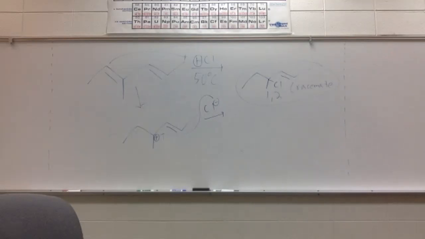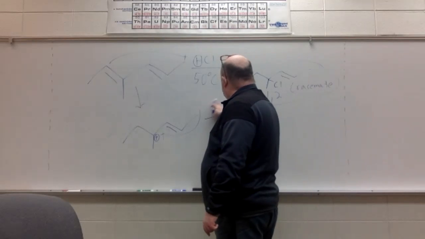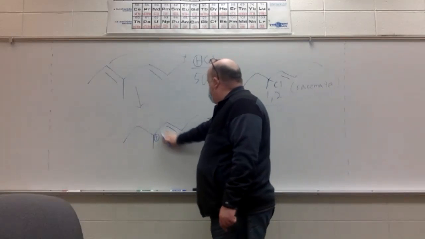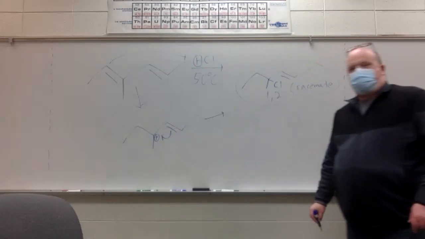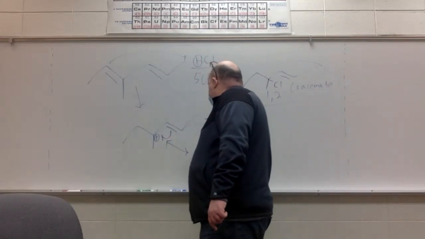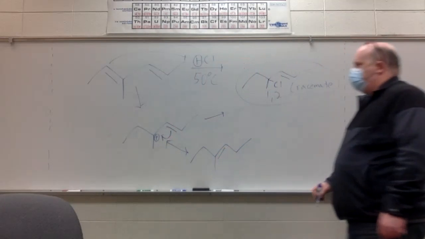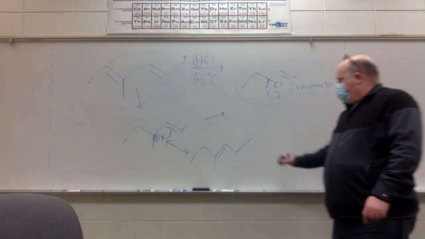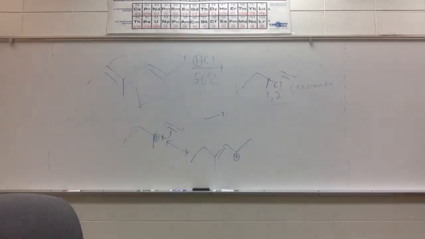What else can we do here with that carbocation? Yeah, you could draw a resonance structure. So instead, you could swing a pair of electrons over in resonance to create a double bond between those two carbons, and then your positive charge will be located there.